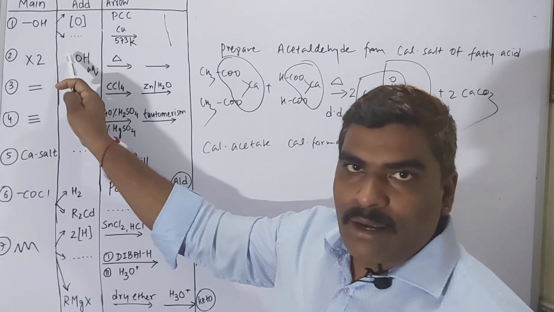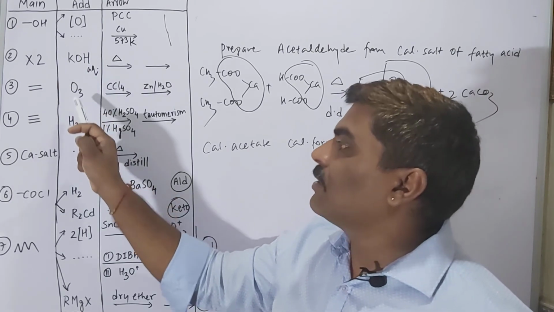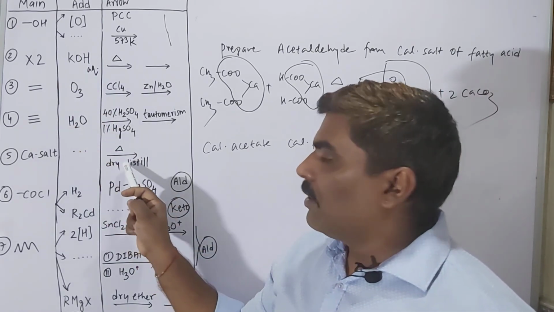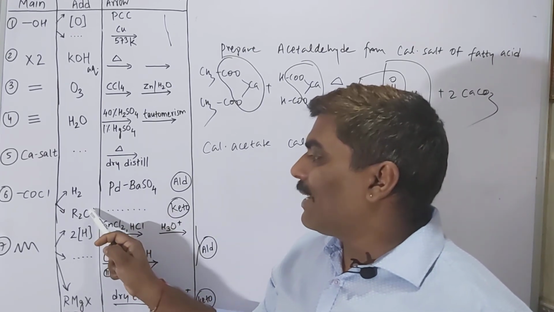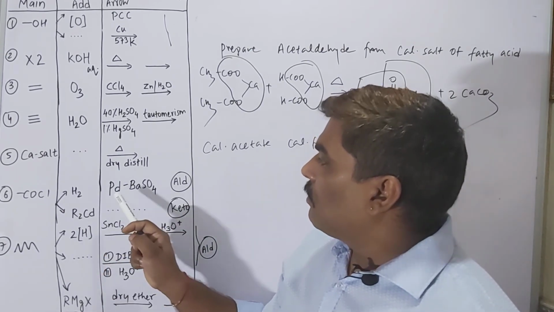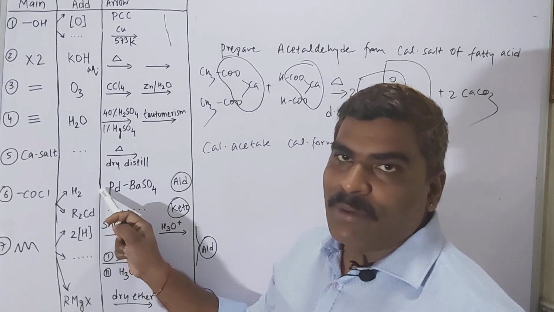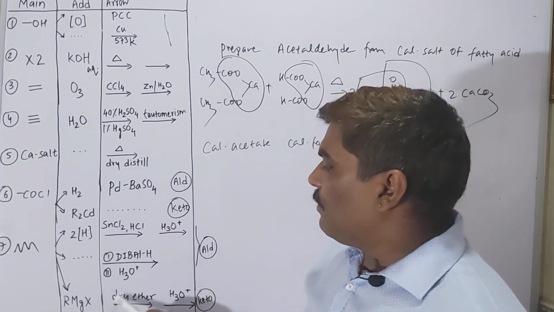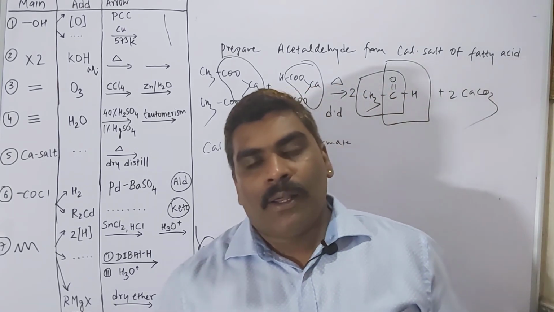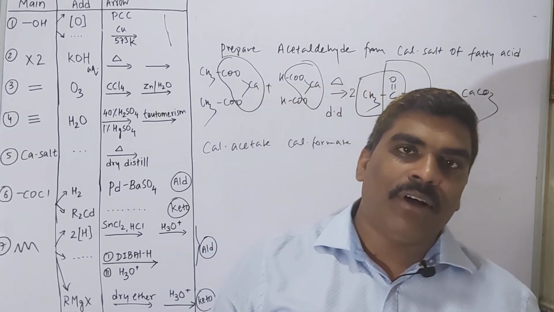Oxidation, alkaline hydrolysis, ozonolysis, hydration, dry distillation, Stephen reaction, dialkyl cadmium, here the Rosenmund reaction, this is the Stephen reaction, and this Duval and this Grignard. So we completed the preparation of aldehydes and ketones.